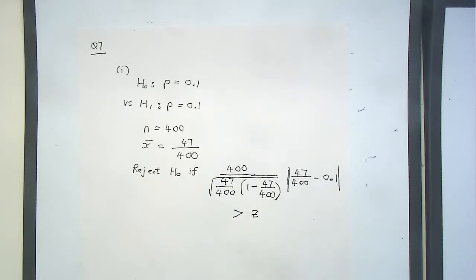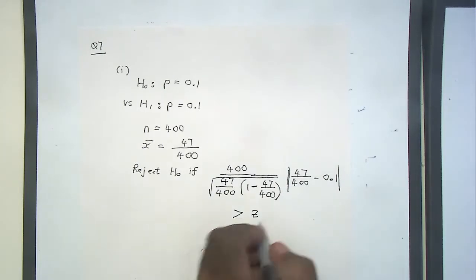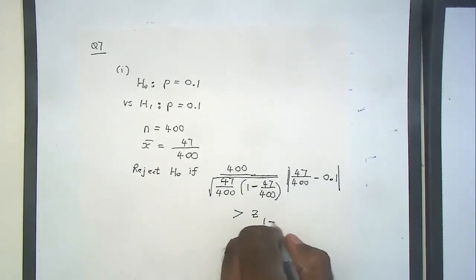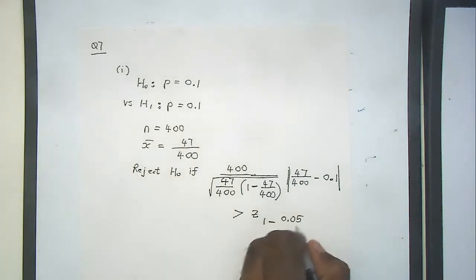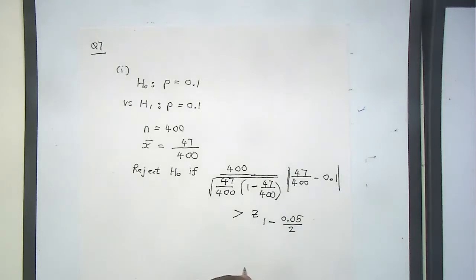Alpha is 5%, so 1 minus alpha by 2 is 1 minus 0.05 divided by 2, right? Alpha is 5%. Yes, so it's 0.975.